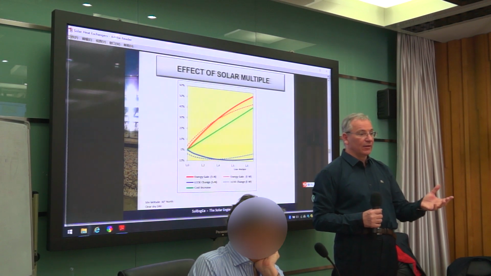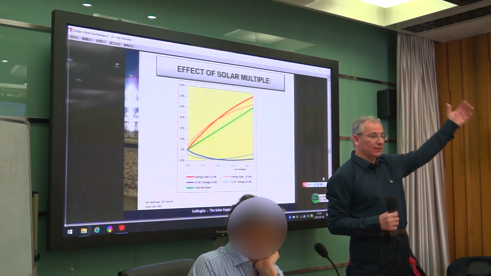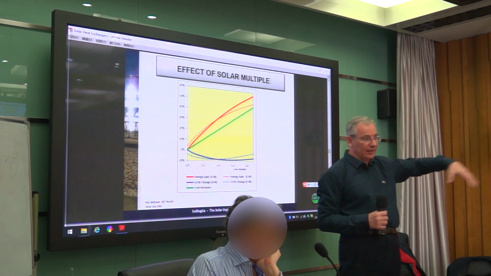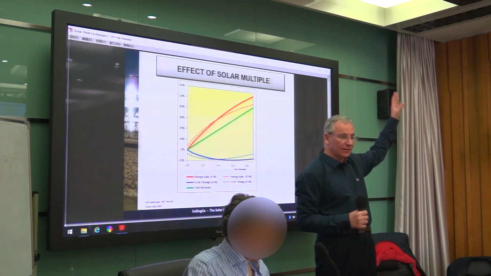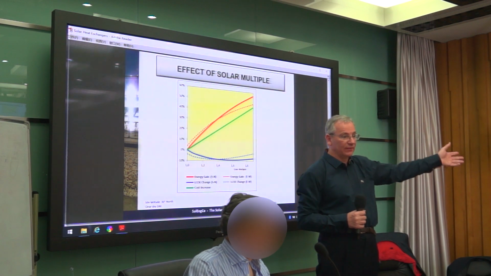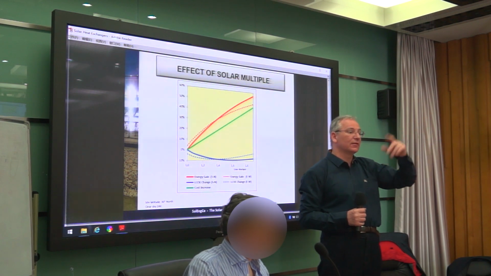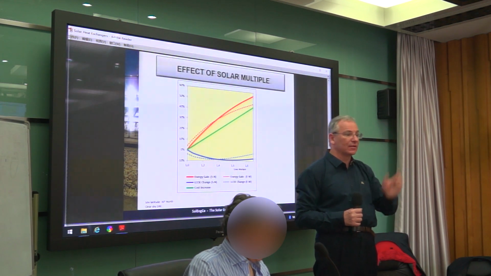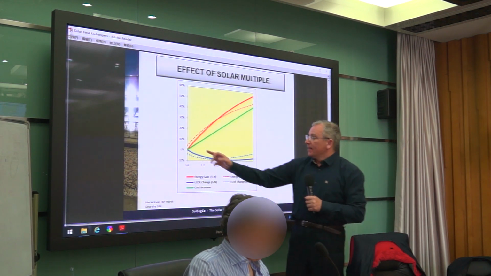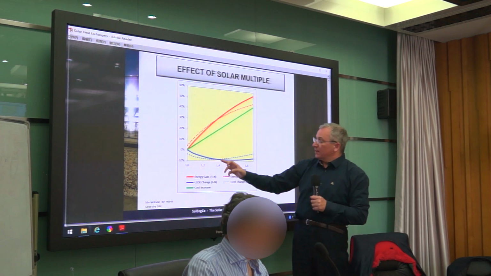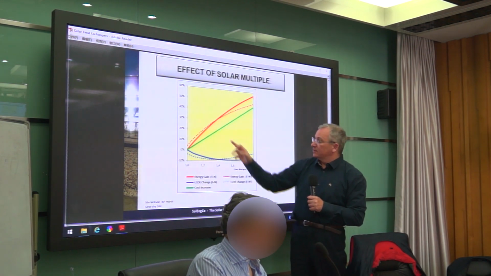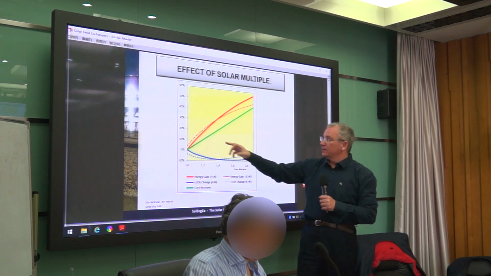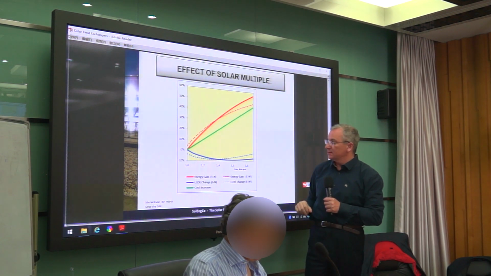If you make solar multiple 2, you have to make a solar field twice as big, clear. But the cost of the entire CSP plant is not double, it's only 50% more. It depends on the ratio between the cost of the power block and the solar field, but it's approximately 50%. And it's also linear, so the larger it is, the more collectors. So it's easier to calculate, it's a linear dependence.